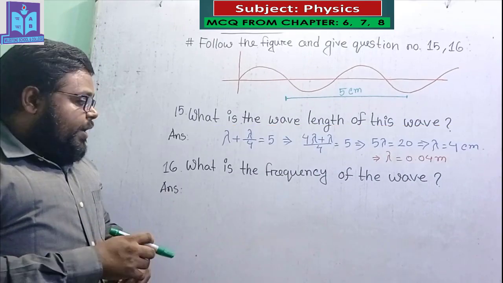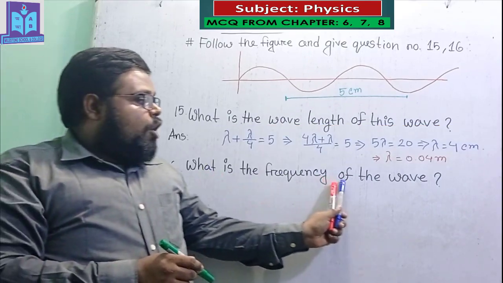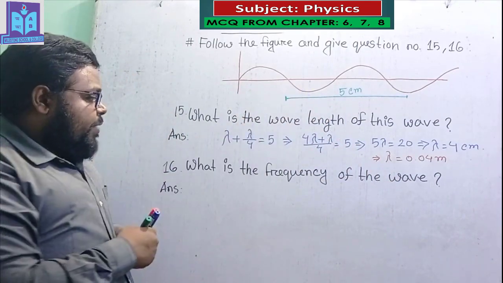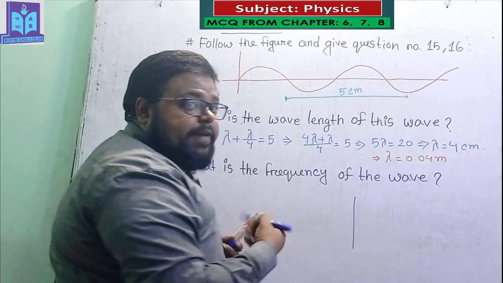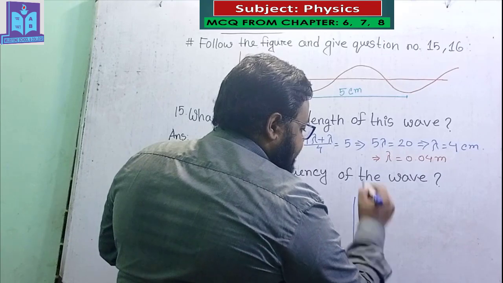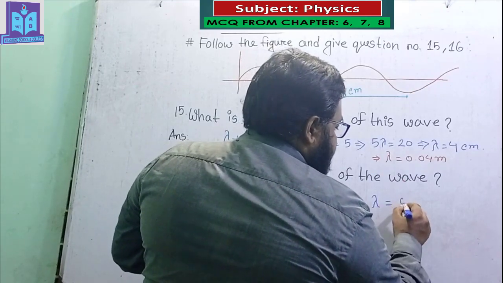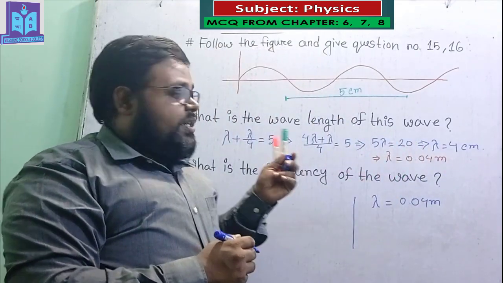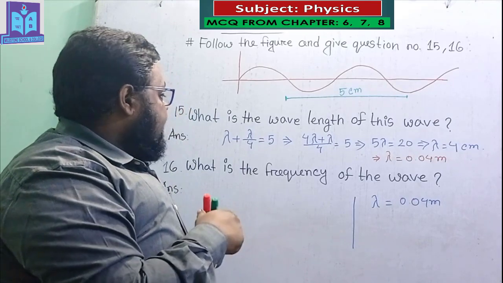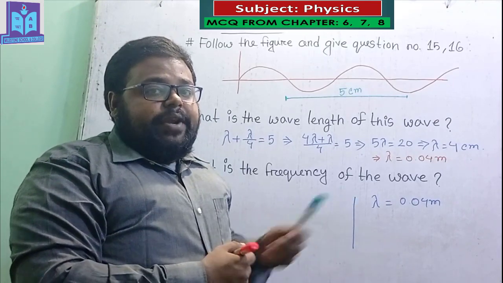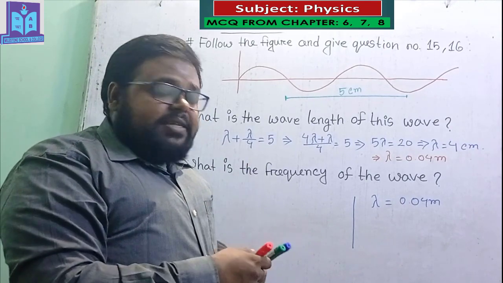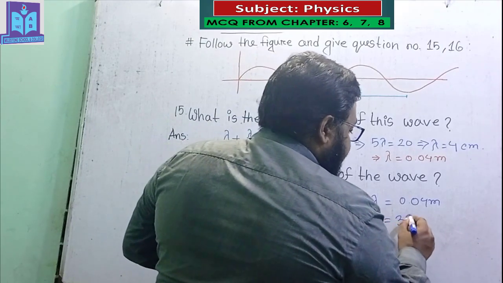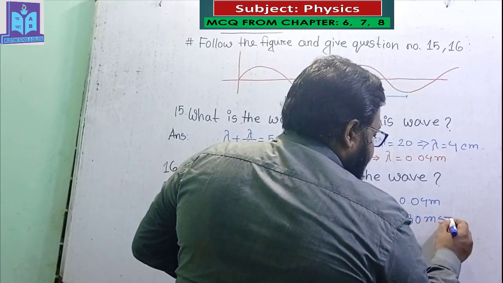Number 16 question is, what is the frequency of the wave? Here we have the value of lambda, that means the value of a full wavelength, lambda equals 0.04 meter, which I have already got from question number 15. No velocity is given here, but we have to assume the velocity of sound in this medium, v equals 330 meter per second.